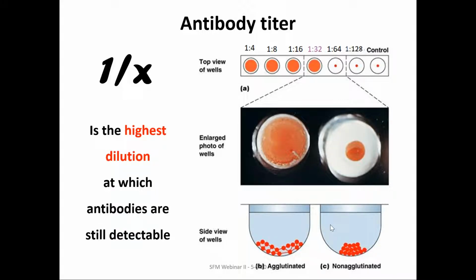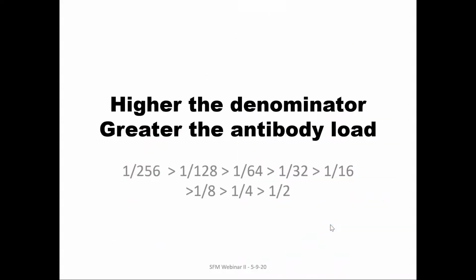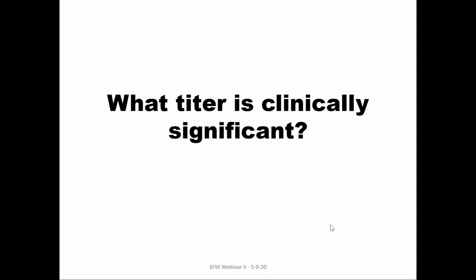So the highest dilution at which antibodies were still detectable in this case is 1 in 32. And therefore, the antibody titer, or the ICT titer, of this particular lady is 1 in 32. And it goes without saying that higher the denominator, greater would be the antibody load.